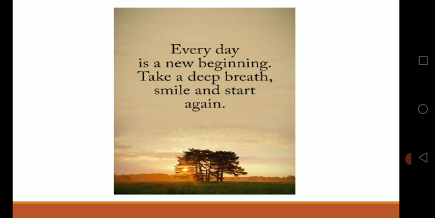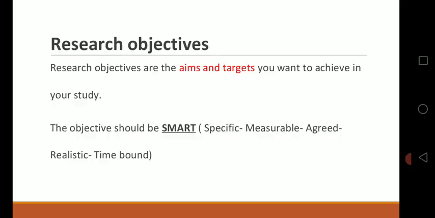اوكي. هنجي ل a third part after the justification is the research objectives. The research objectives. طيب, what do we mean by the research objectives? Research objectives are the aims and targets that you want to achieve in your study. يعني هو outcome اللي انت عايز تصل له.